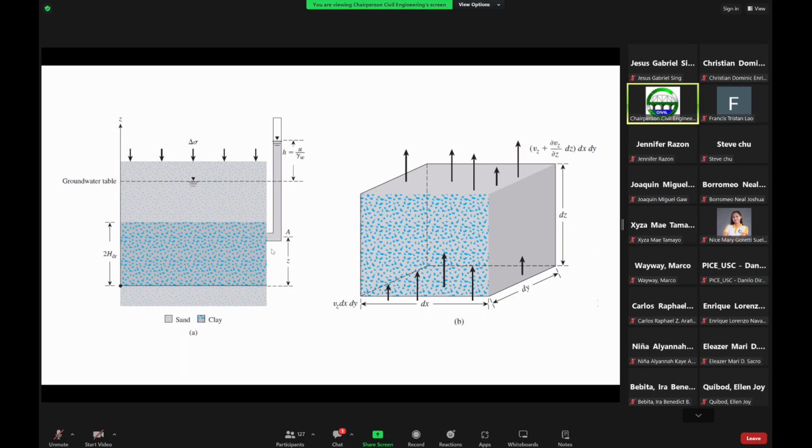So let's now try to consider a point A. Let's say this is now your point A, wherein if we put here an imaginary piezometer, it will have a certain pressure head. And then that point A is measured at a distance C from the bottom of the clay layer.